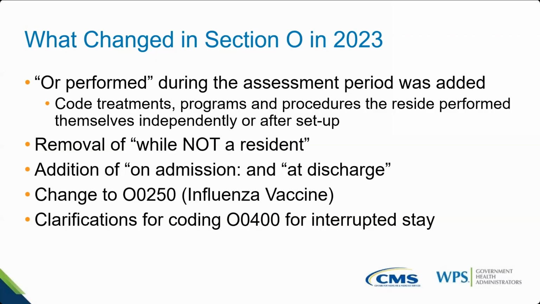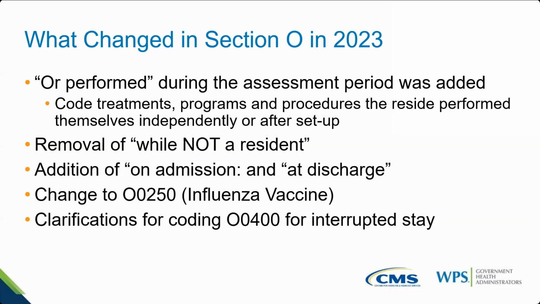With Section O changes, facilities need to review the resident's medical record to determine if they received or performed any of the treatments, procedures, or programs within those assessment periods defined for each column. We're finding that some facilities are still not accurately capturing these.